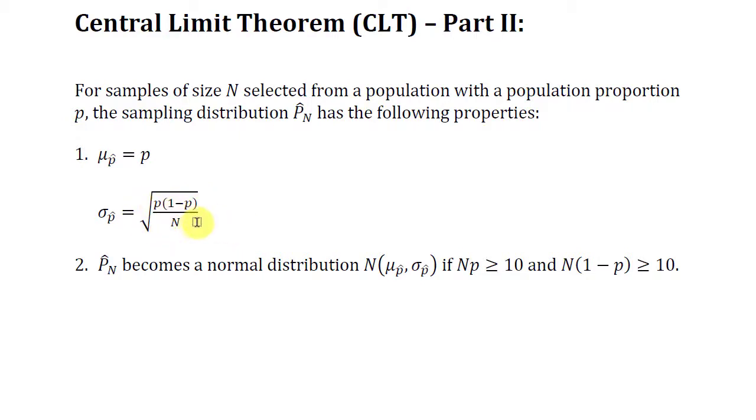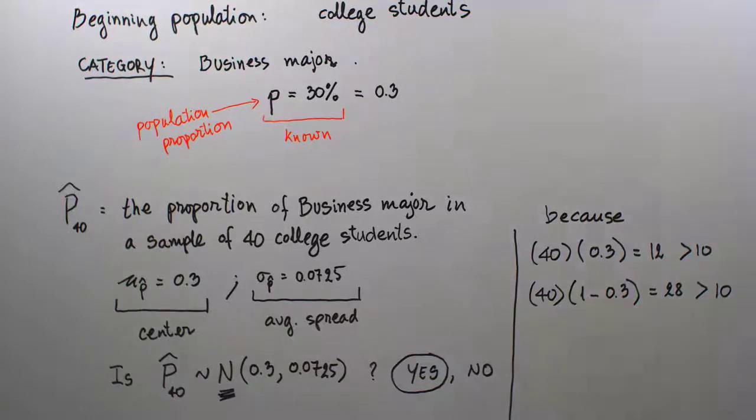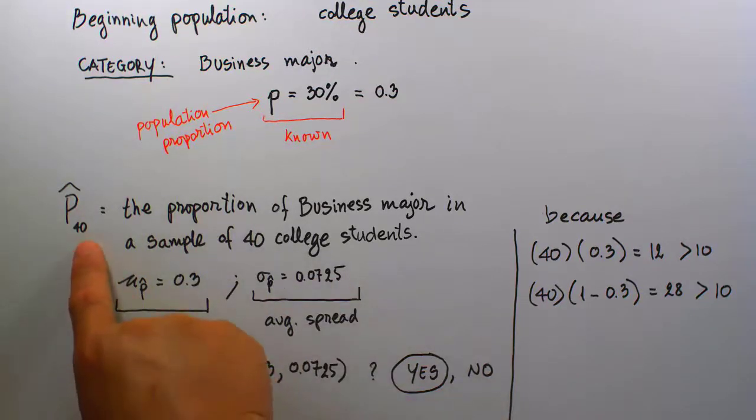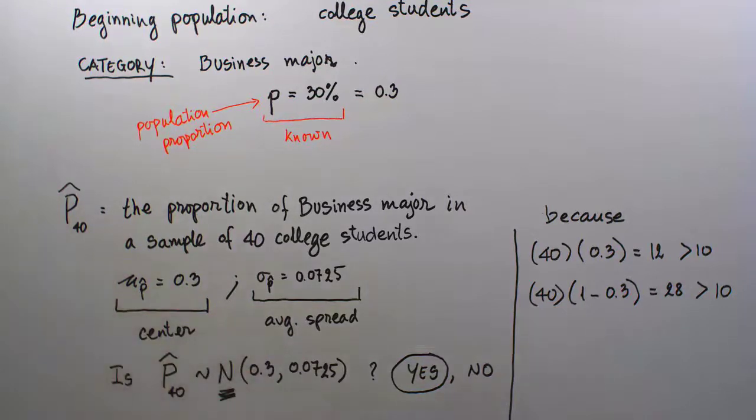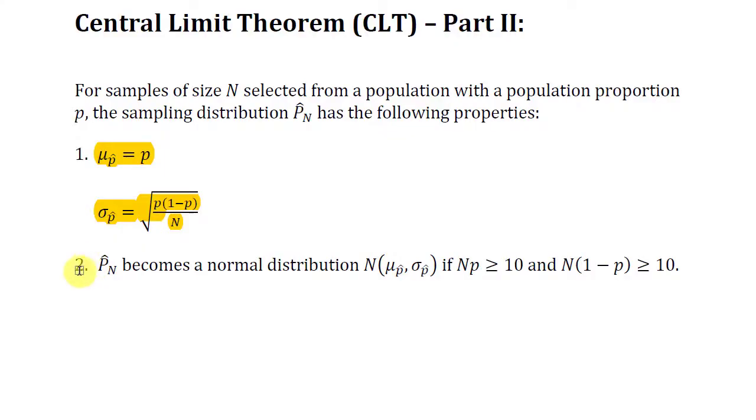So the entire statement number 1 of the central limit theorem allowed me to come up with the center and average spread of our current sampling distribution of the proportion capital P hat 40.